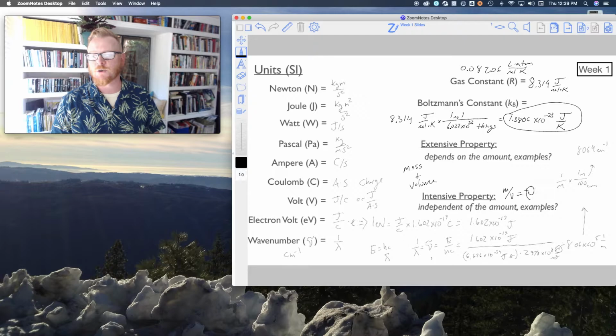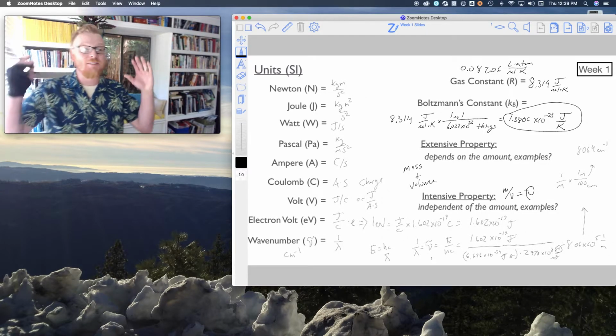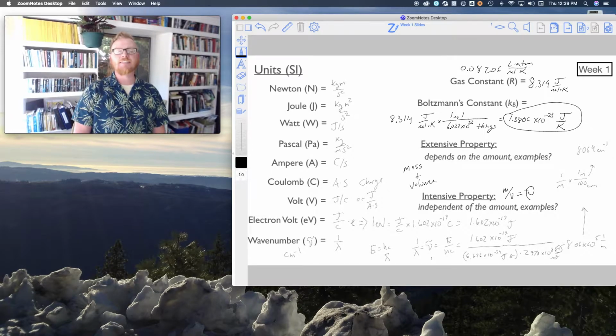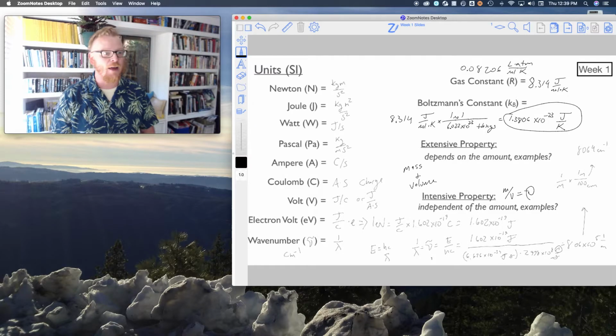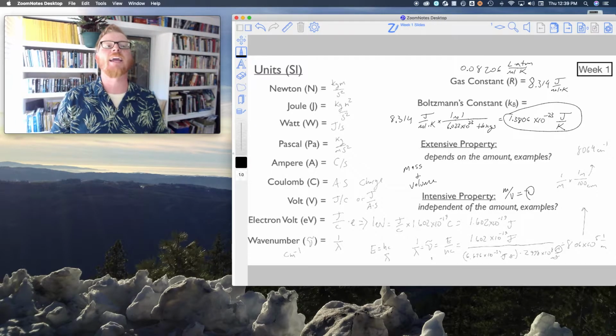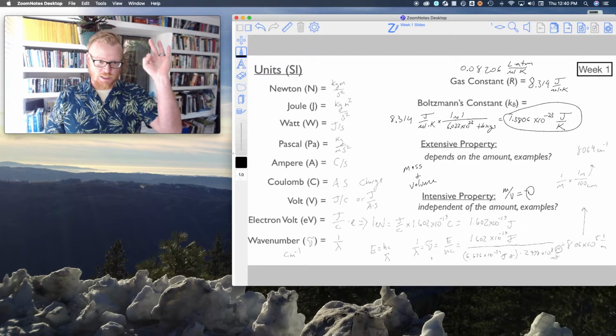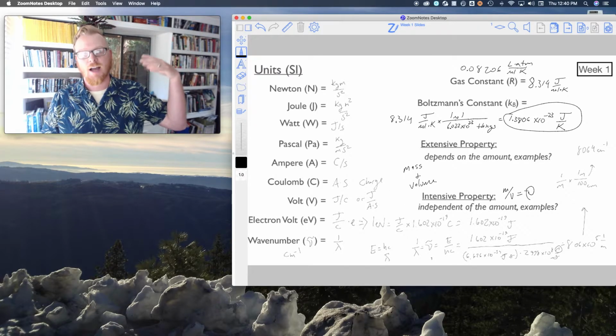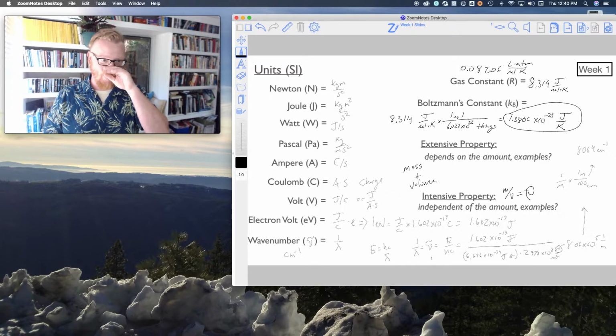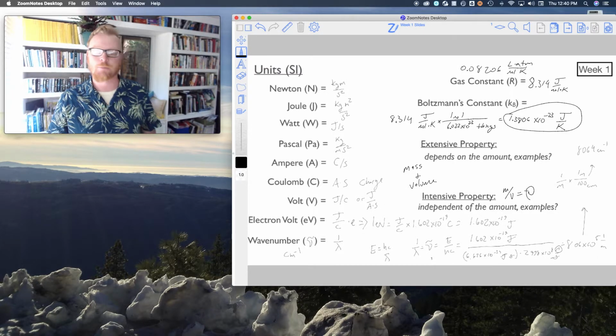Technically, density gets a Greek letter rho. And density doesn't matter how much you have. The density of water at room temperature is the density of water at room temperature, whether you're talking about an ocean or a cloud droplet. Of course, that depends on what its composition is, without getting too complicated. The density of pure water is intensive. It's independent of the amount.